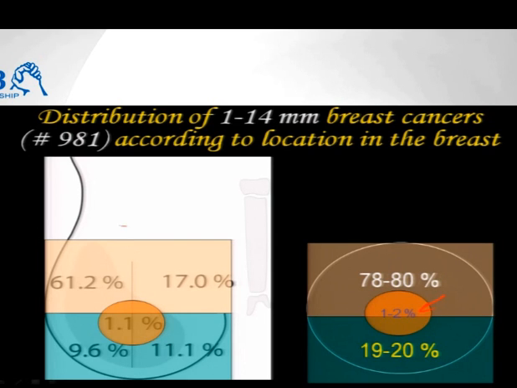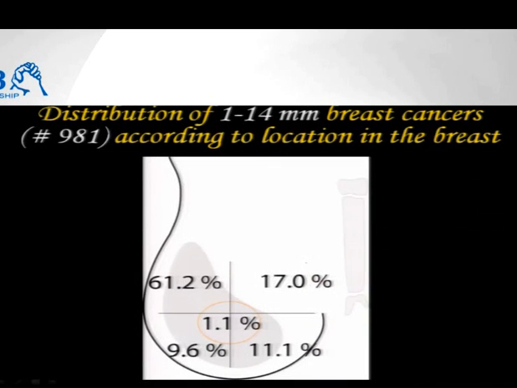But you already made the calculation here, 70% in the lateral half and 30% in the medial half. Please keep this in mind, because that is going to be extremely important in your everyday practice.